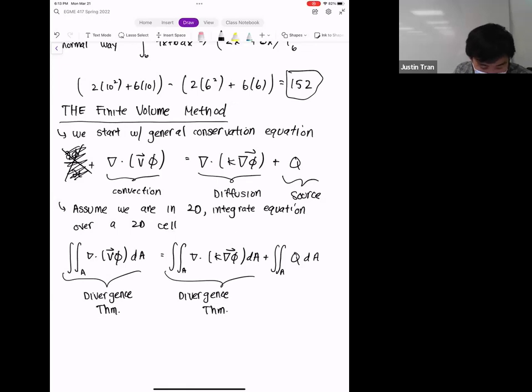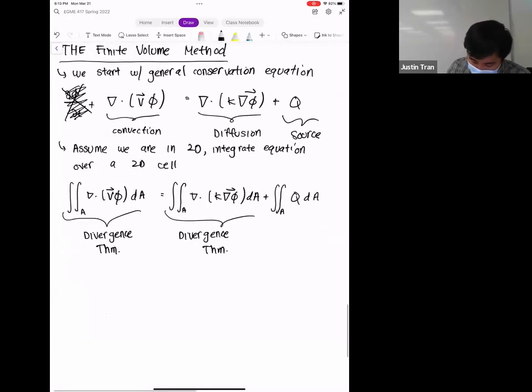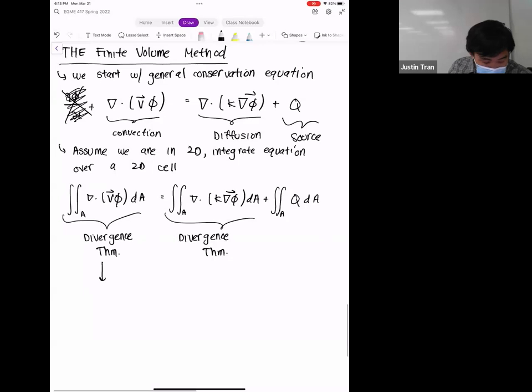So let's use the divergence theorem to transform these 2D region integrals into boundary line integrals. This first integral is going to transform, and instead of a double integral over the region, we're going to have a single line integral around the boundary.